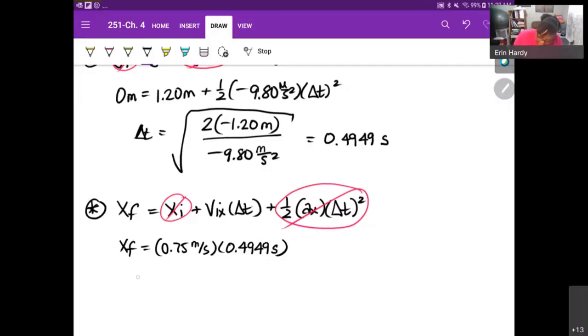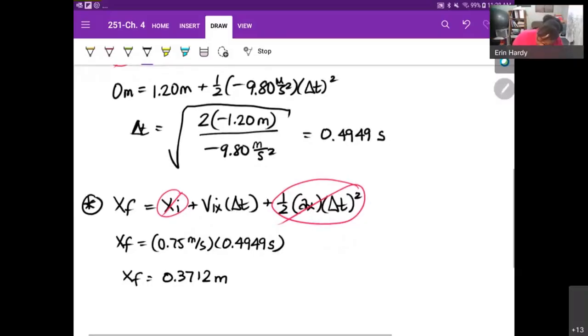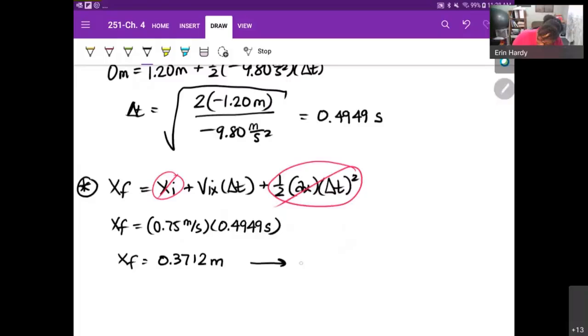We end up with x final being equal to 0.3712 meters. And we've got these sig figs here. Let me look at the original. We have 2 sig figs. So x final is 0.37 meters.